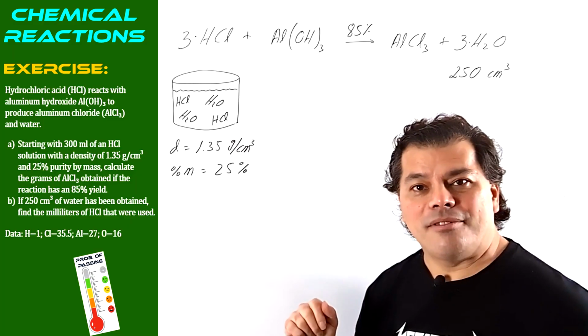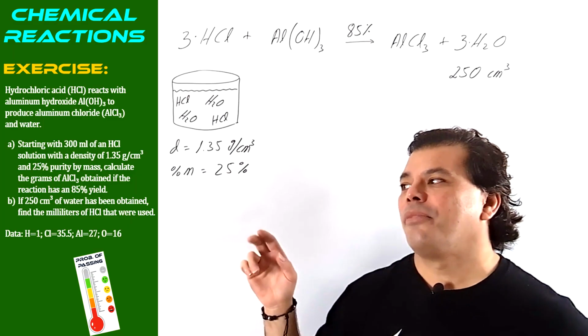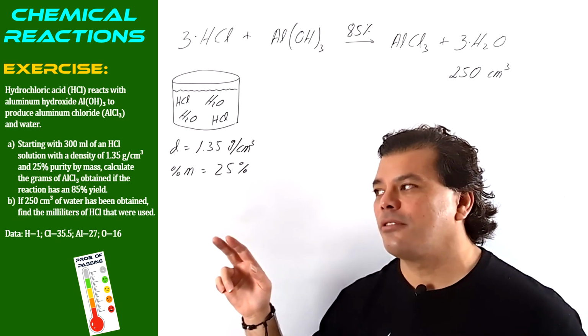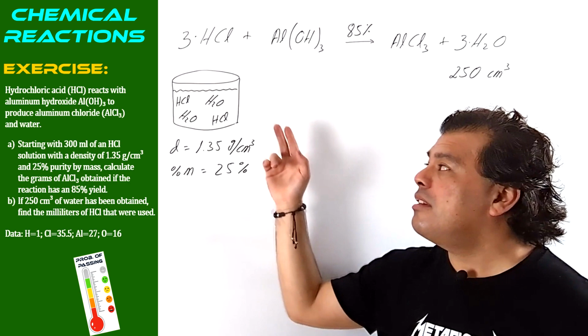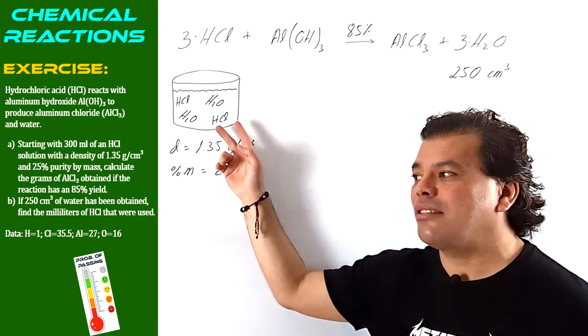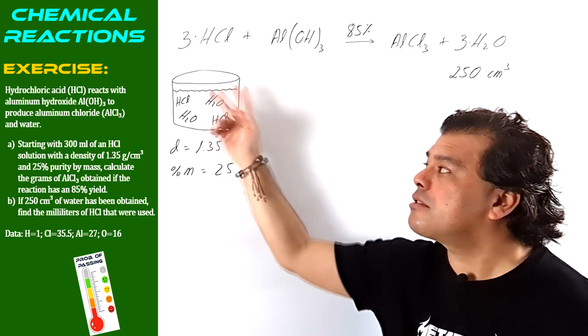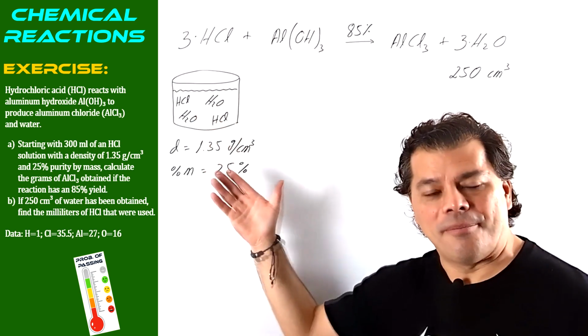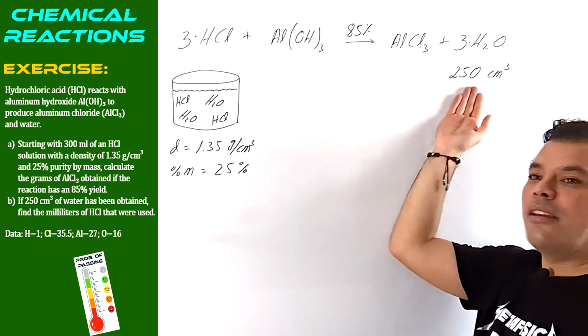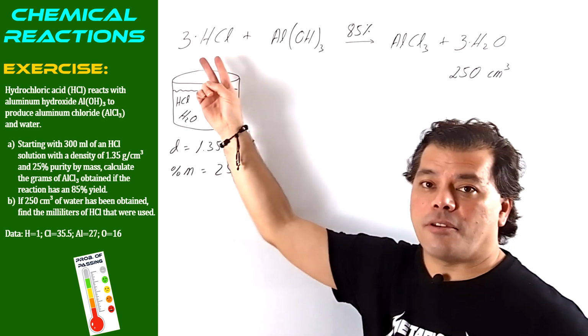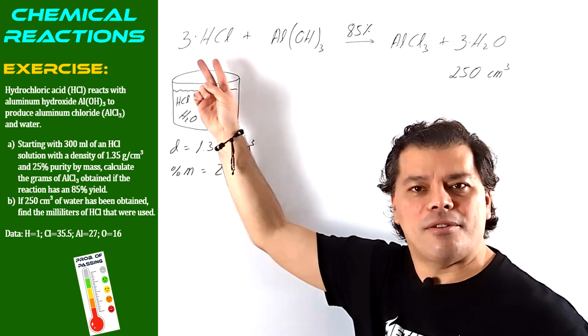And now it's time to solve section B, which says, if 250 cubic centimeters of water has been obtained, find the milliliters of hydrochloric acid that were used, the milliliters of this dissolution that were used. And what are we going to do? The first thing we're going to do is to calculate the theoretical grams of hydrochloric acid that were used.